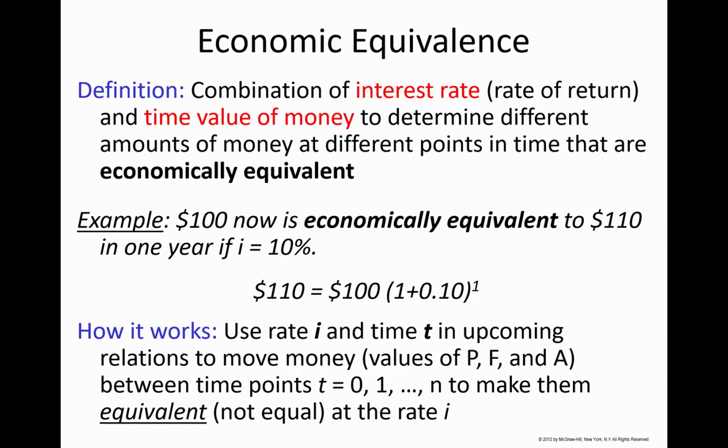And so there's going to be a process that we'll start with today, where, as you can see in this description, I'm saying you move money. Moving money means you're changing the time and therefore finding the economically equivalent amount. So it's not going to be an equal amount in the future or in the past, but it will be economically equivalent because you're going to take the interest into account.